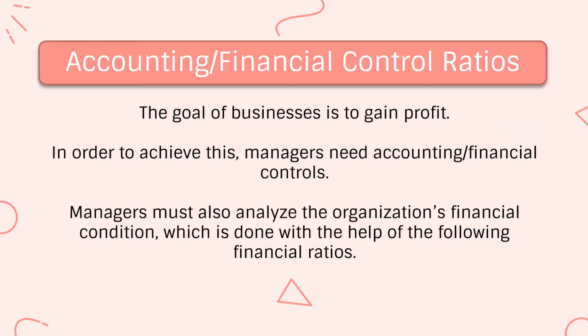So, from the amounts that are recorded or reported in the financial statements, we have some ratios para ma-check kung ano ba yung nagiging lagay nung business natin. So, the goal of business, of course, is to gain profit. So, in order to achieve this, managers need accounting and financial controls.